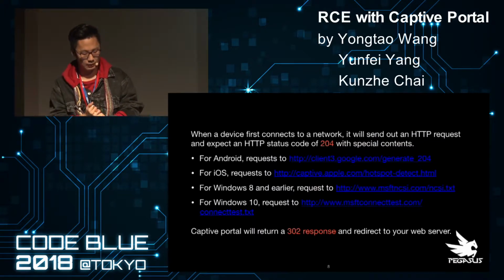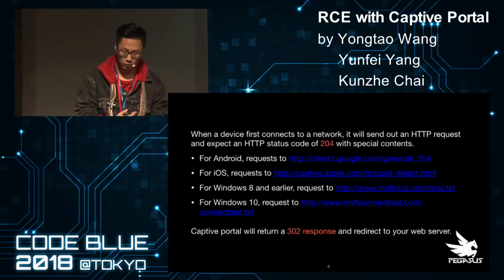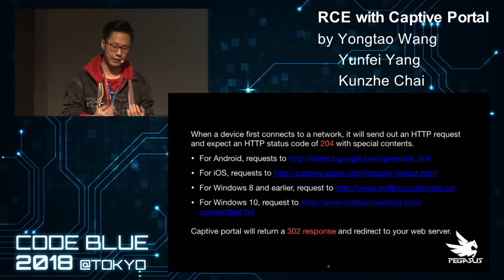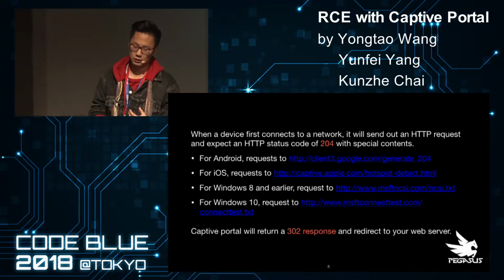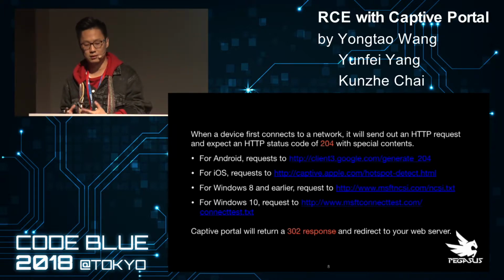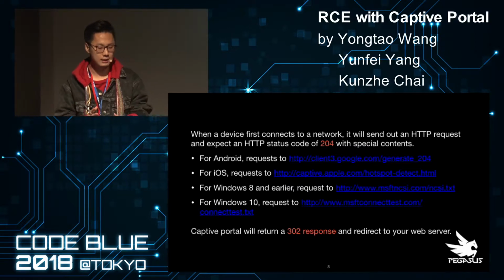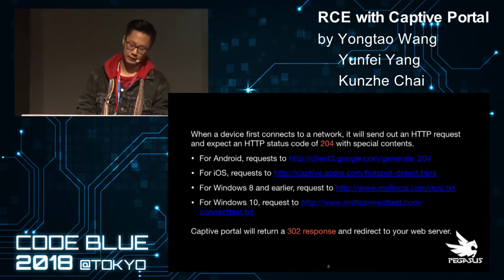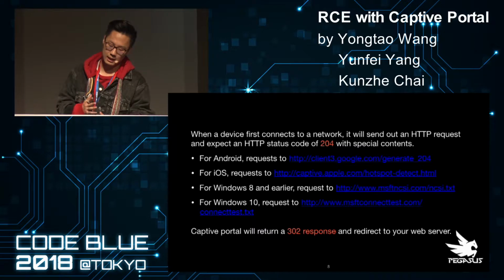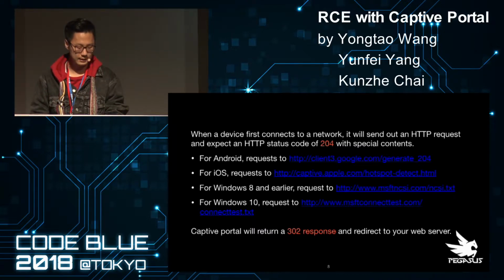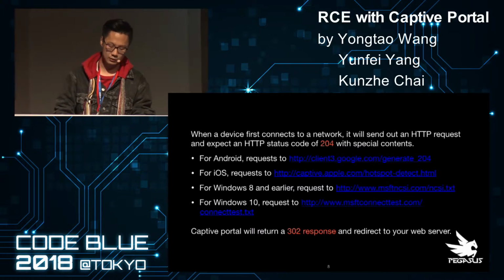Let's have a look at how a captive portal works. When a device such as your mobile phone, your pad, your computer, or your laptop connects to the Wi-Fi with a captive portal, the device will send out an HTTP request to a link and expect an HTTP status code of 204 with special contents to make sure the connection is good.